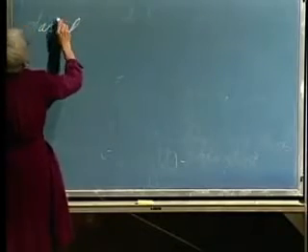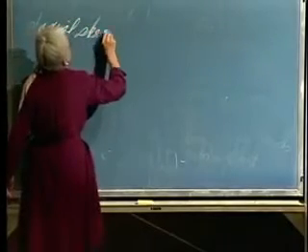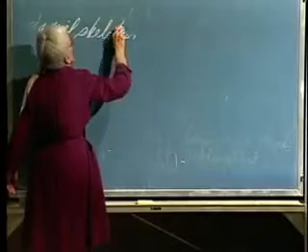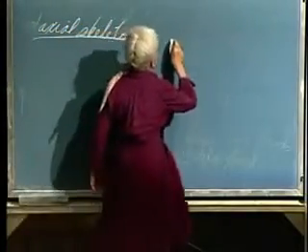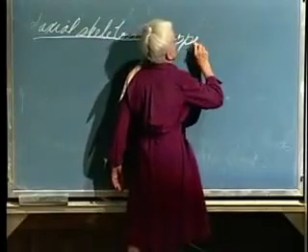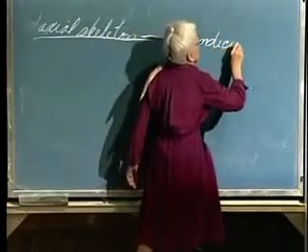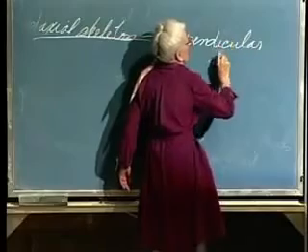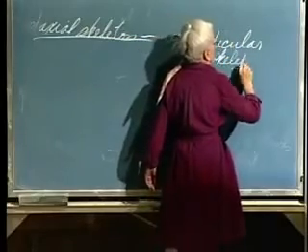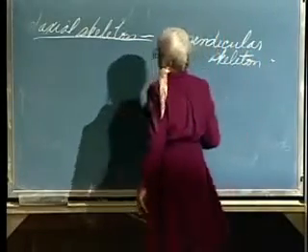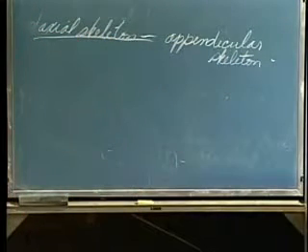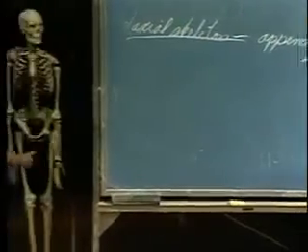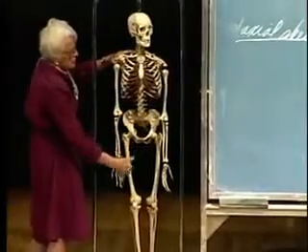We're going to take the axial skeleton today, but we'll give our definition between the axial skeleton and the appendicular skeleton. So the axial skeleton just means that it will run through the medial axis of the body.